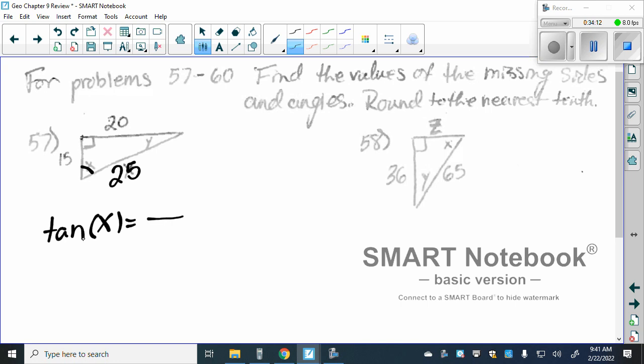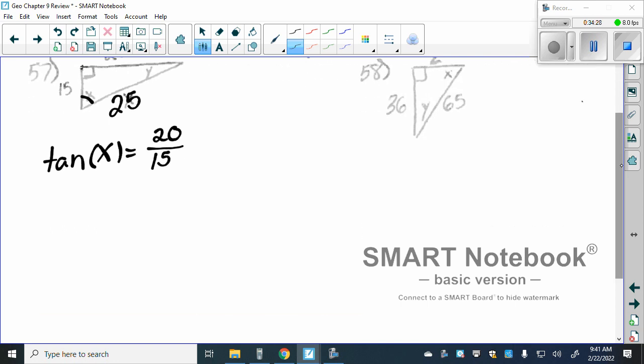The real key is making sure the side lengths that we put into the fraction are the correct side lengths. So if I'm using tangent of x, opposite side would be, and the adjacent side is, and then we apply tangent inverse to both sides.